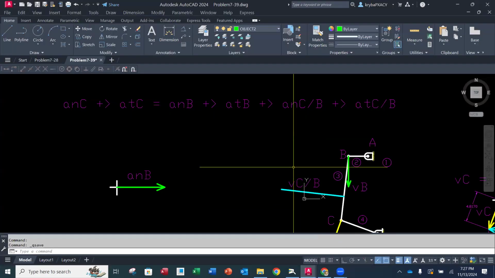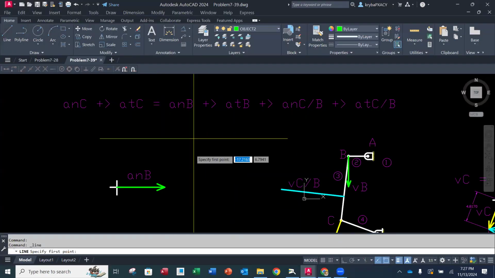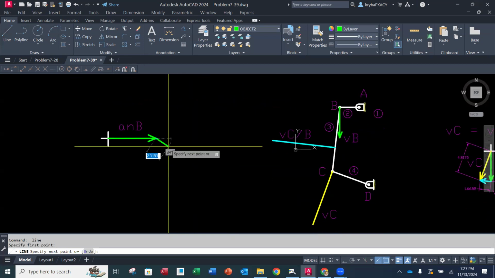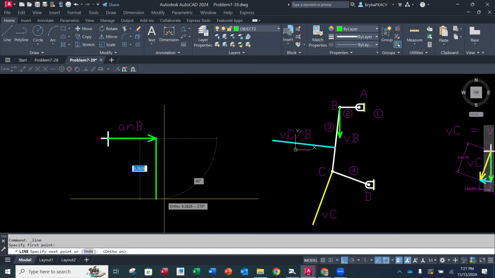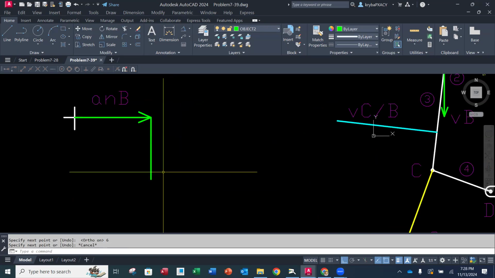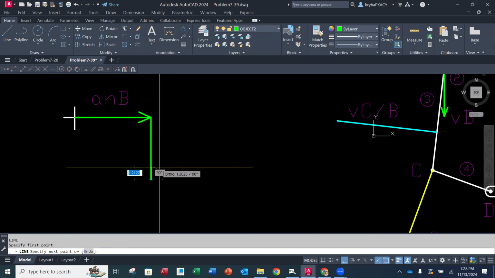So going back over here on the endpoint of B, because this was a horizontal link, this is going to have a line of action going straight down, and its magnitude for the tangential at B was 600. So this is going to be 6 inches long. Okay. And it will point down.